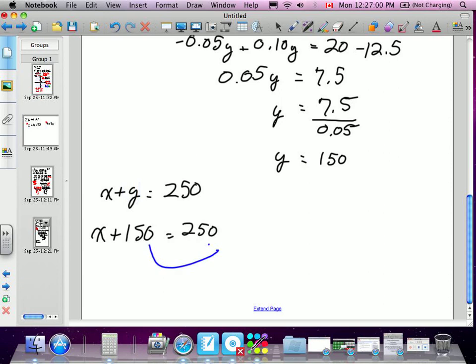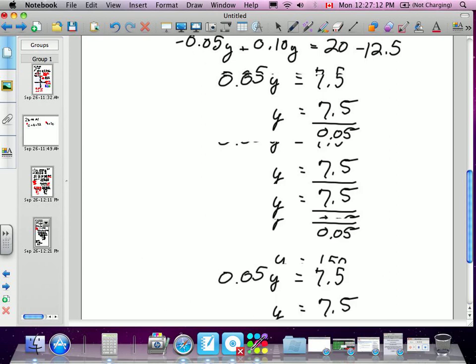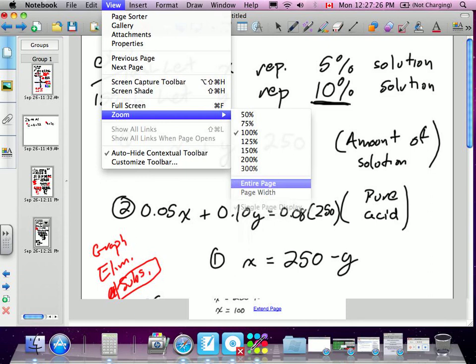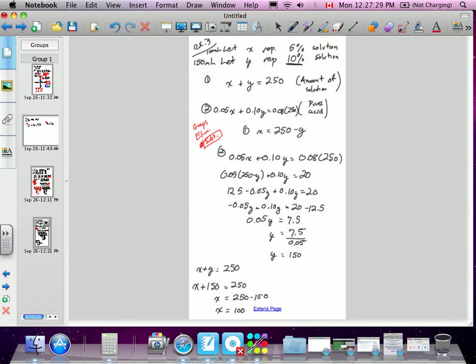When I move the 150 to the other side, I get x is equal to 250 subtract 150, so x is equal to 100. So I need 100 milliliters of 5% solution and 150 milliliters of 10% solution to make 250 milliliters of 8% solution. I'm going to give you your homework.